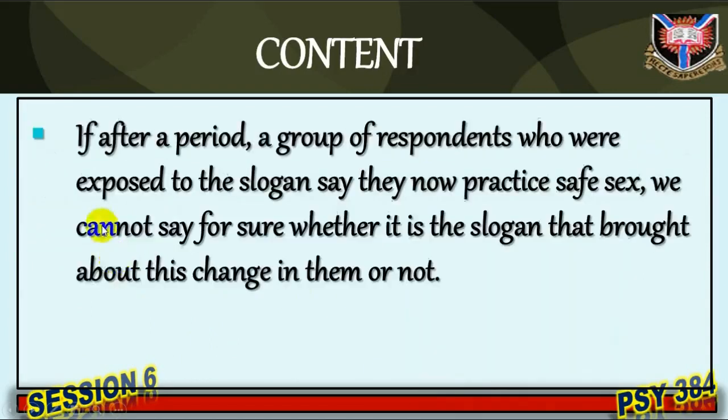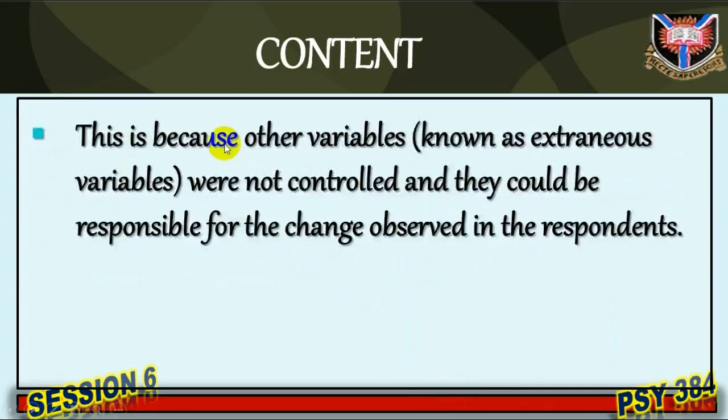If after a period, a group of respondents who were exposed to the slogan say they now practice safe sex, we cannot say for sure whether it is the slogan that brought about this change in them or not. This is because other variables, known as extraneous variables, were not controlled and they could be responsible for the change observed in the respondents.